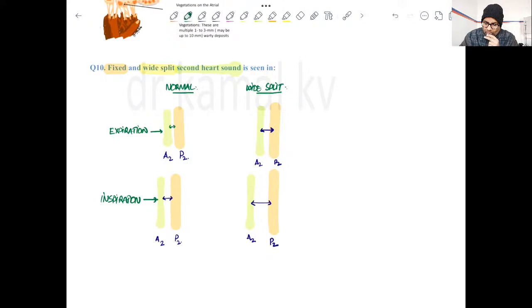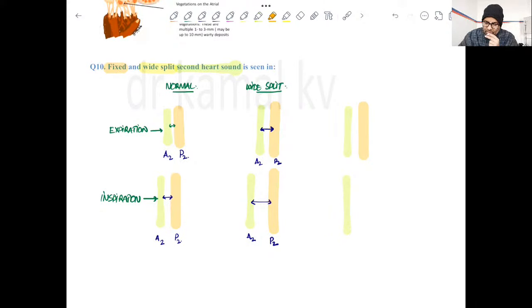Now there is one more condition where the gap between the two has increased in expiration, but the same length of the gap will remain in inspiration as well. So if you see here, this is of course more than normal, but this is the same in inspiration as well if you compare it with the wide split. So this is known as fixed.